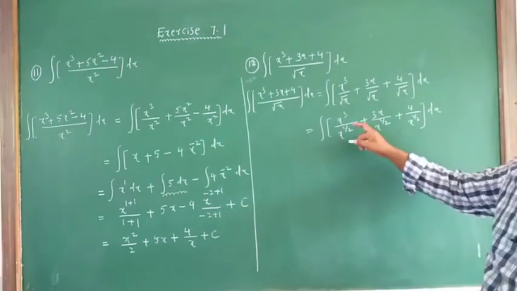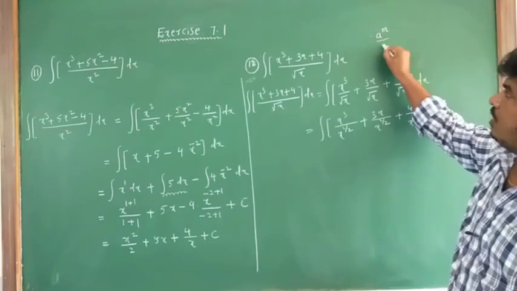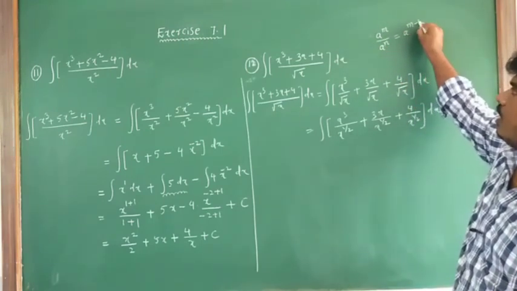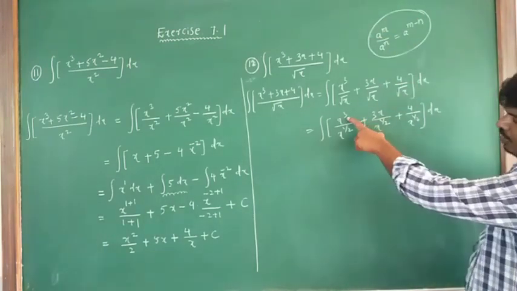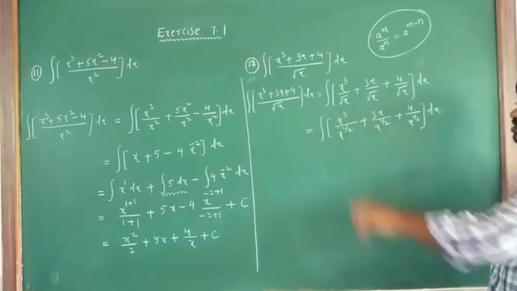Here already you know the formula: a to the power of m divided by a to the power of n is equal to a to the power of m minus n. In the place of m we have 3, in the place of n we have 1 by 2. So what can we write?